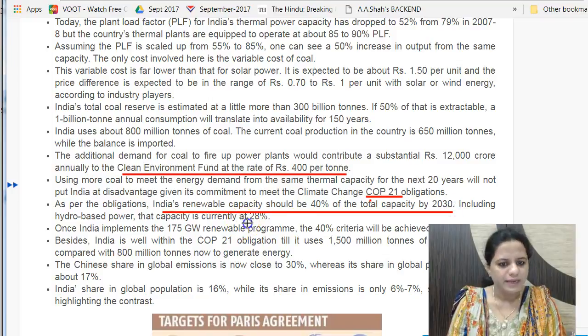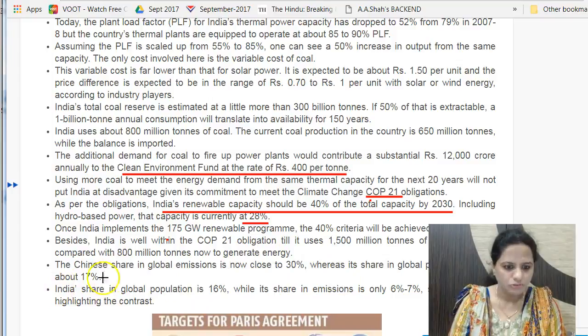Currently it is 28%. Even if this goes to 40%, with the 175 gigawatts renewable energy program implemented, still the role of coal will continue to be there. It may not increase to the same extent, but it will not reduce as well.